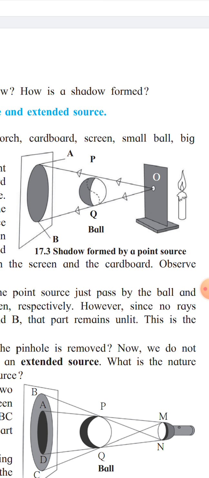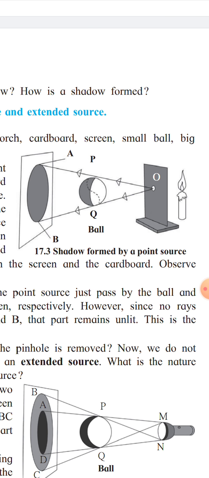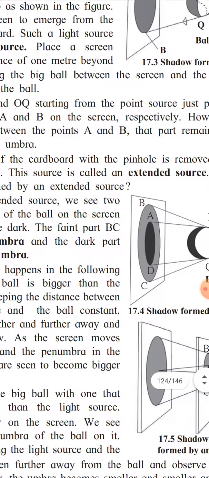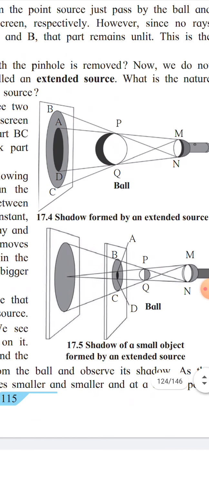Now second, the extended source. Already we had discussed that shadows are of two types: obtained from a point source and obtained from an extended source. Here you have to observe both diagrams carefully. Figure 17.4, shadows obtained by an extended source.